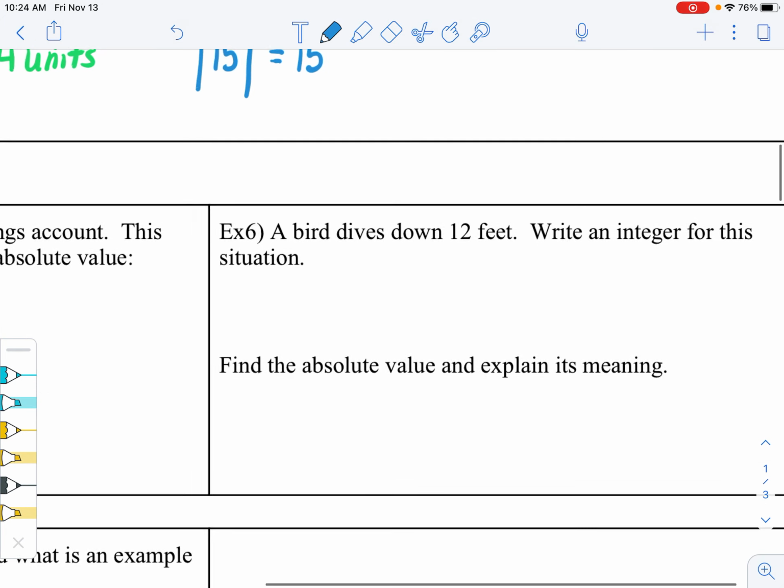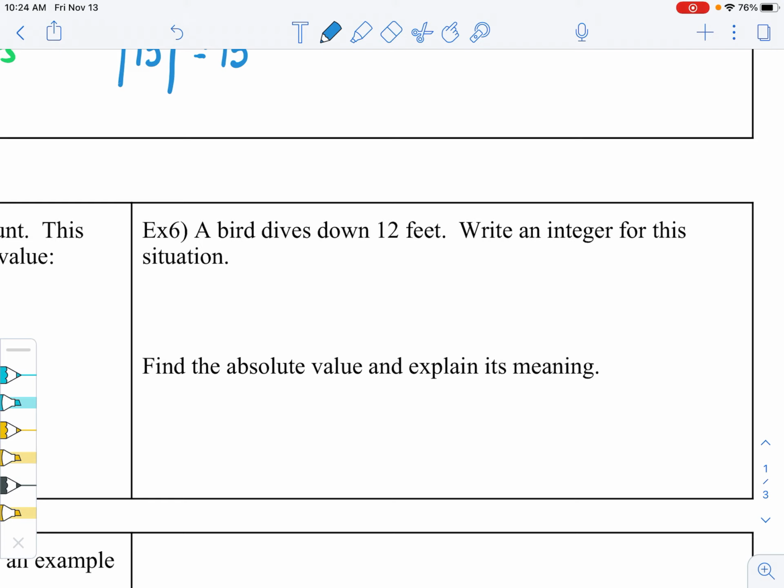Let's do example 6. A bird dives down 12 feet. Write an integer for the situation. If he dives down, he's moving down in the negative direction. So the integer would be negative 12. Then it says find the absolute value and explain its meaning. So the absolute value of negative 12 is 12, okay?